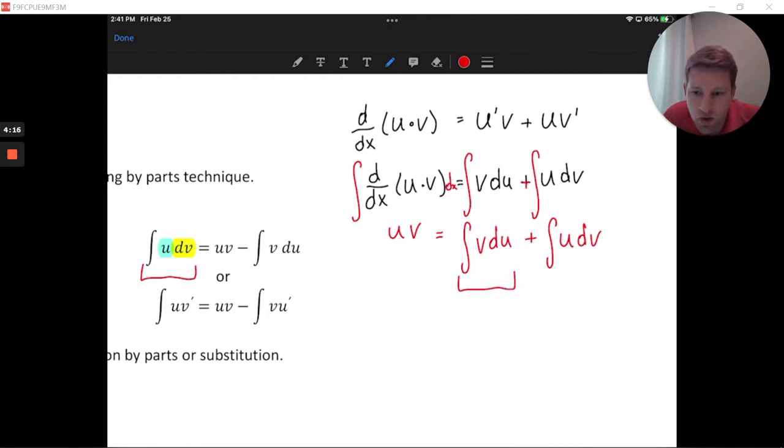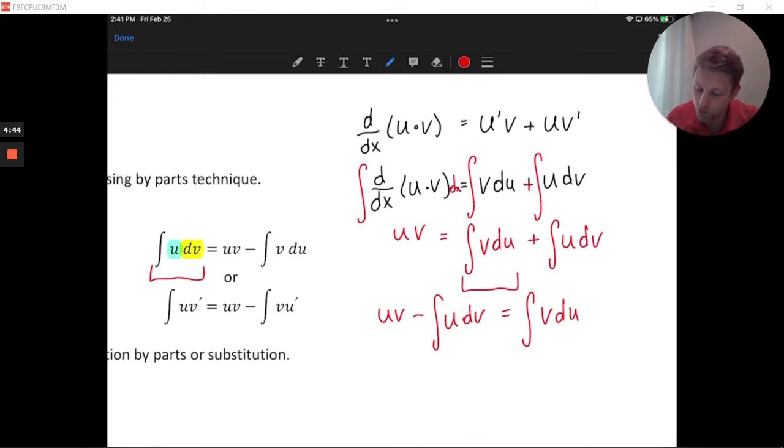If we choose to solve for that, we can consider the u times v, and we can subtract the second integral, the v du integral, and leave behind our integral of u dv. So you'll notice that this definition is the exact same one that we get for this integration by parts.